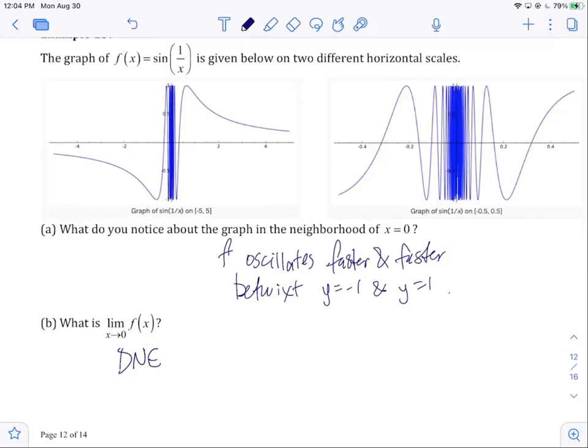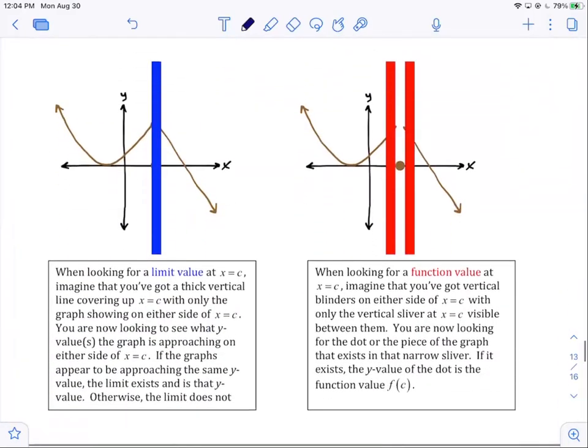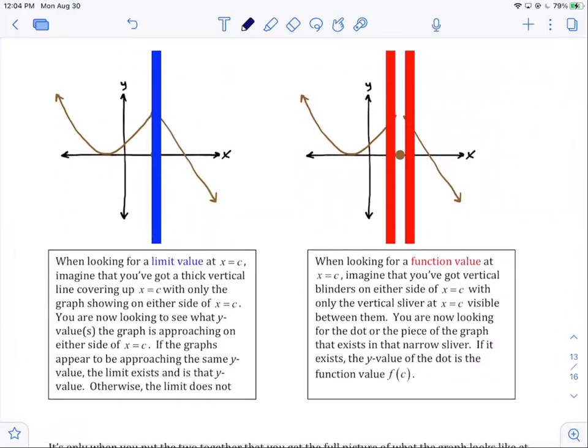All right. So real quickly to summarize, prior to this class, the function value is what y'all were primarily concerned with, which is basically putting blinders on to the left and to the right in the neighborhood of, and just saying, okay, can I plot a point there? That's the function value. But now the limit is like covering up that piece and looking at what's happening from left and right.